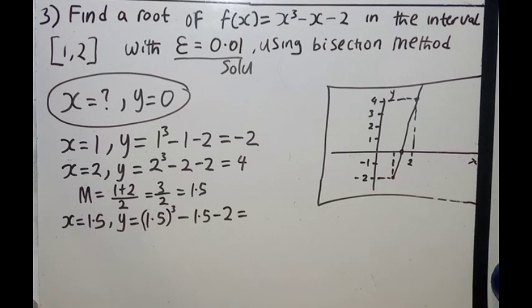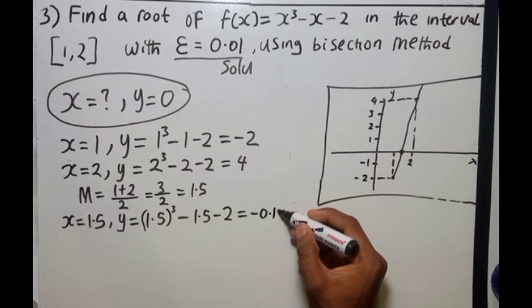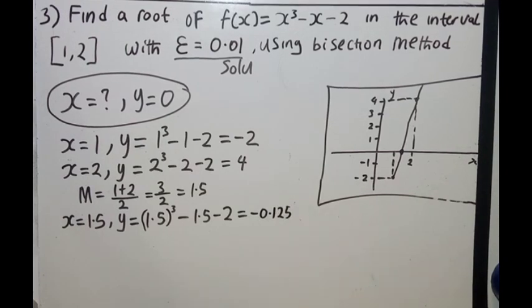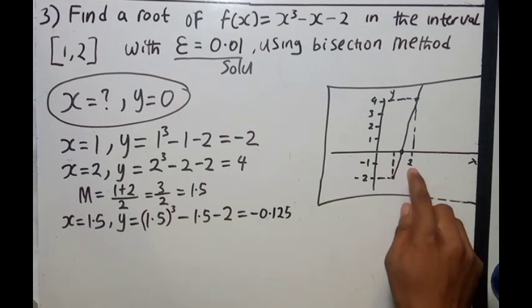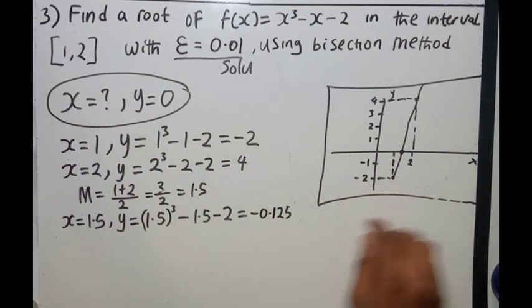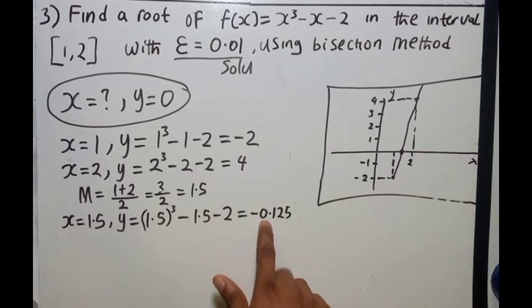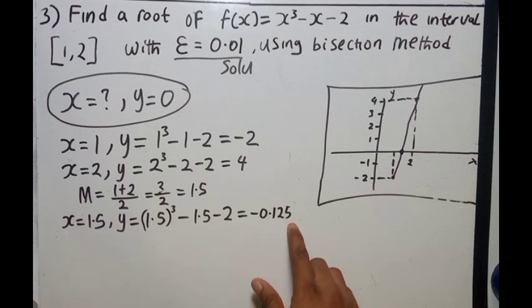And when you do this with a calculator, you'll have your answer to be minus 0.125. Now remember, our focus is to get x when y is 0. Now we have gotten x where y is minus 0.125.